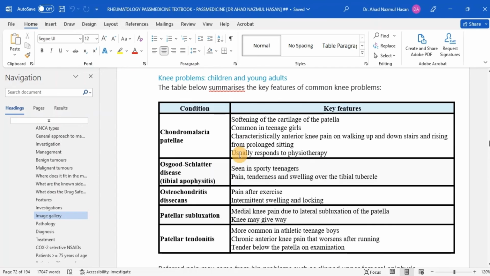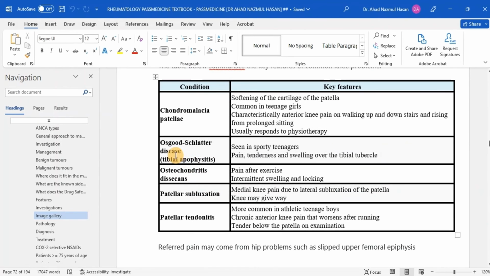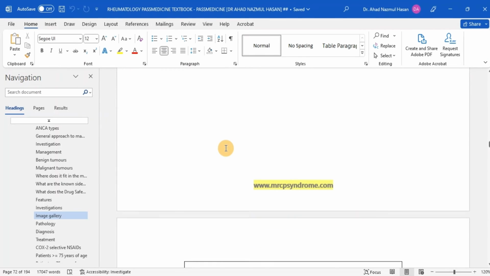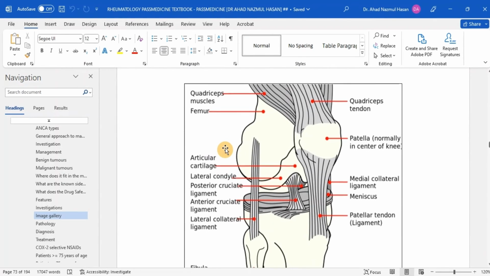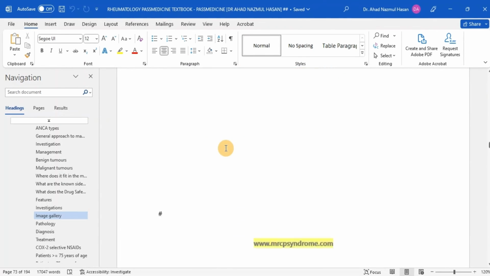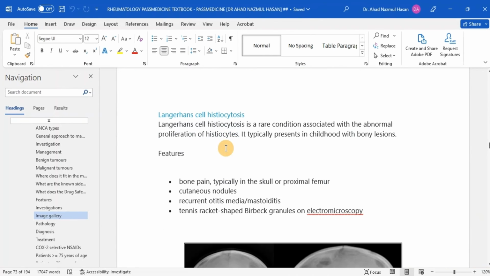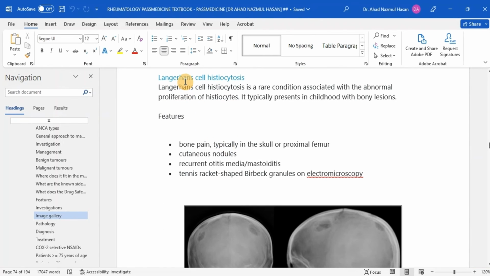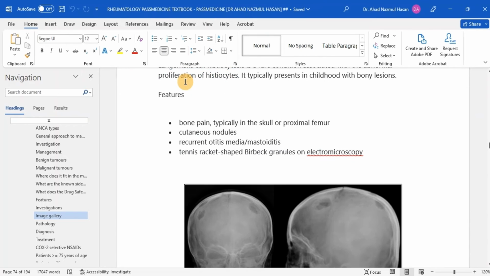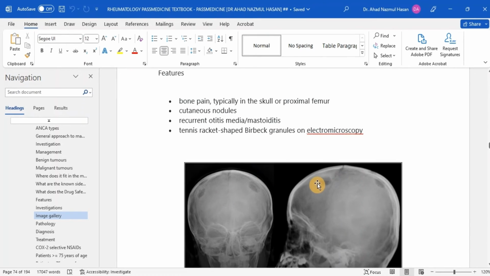Knee problems, just the tibial apophysitis. This is important. Langerhans histiocytosis. Here we will also get the punched out lesion. And on electron microscopy, tennis racket shaped Birbeck granules would be found.